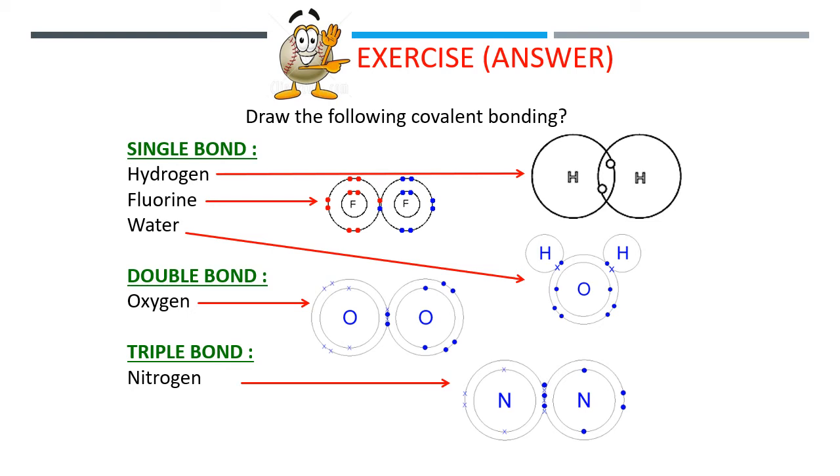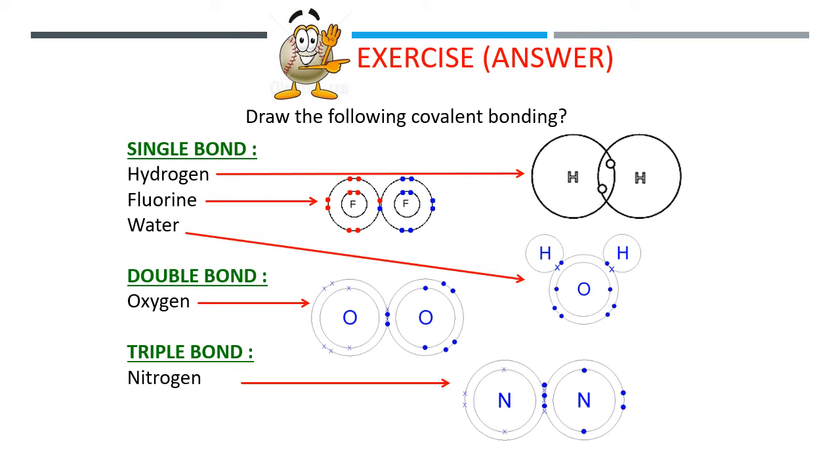And then we have fluorine. Fluorine has 2 electrons in the first shell, and then to complete the outer part with 7 electrons each, with 1 electron shared with each other, which completes 8 electrons in the outer shell of the second shell. Okay, and then water, we have H2O.